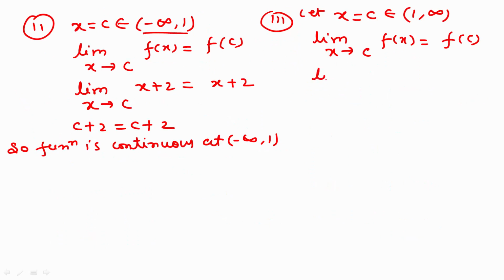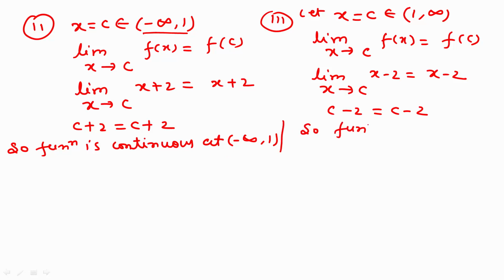Limit x tends to c of x minus 2 is equal to x minus 2. On taking limit, c minus 2 is equal to c minus 2, so function is continuous at open interval 1 to infinity.